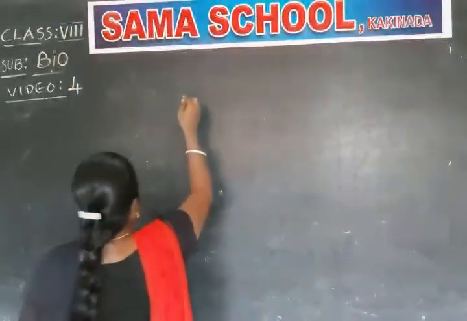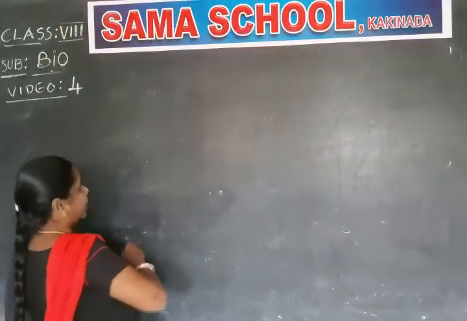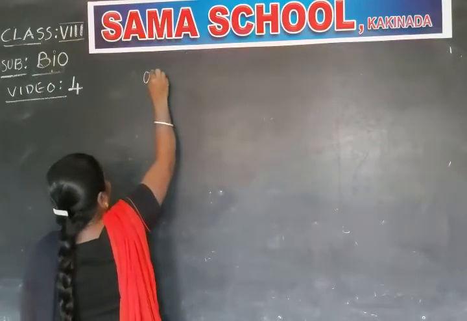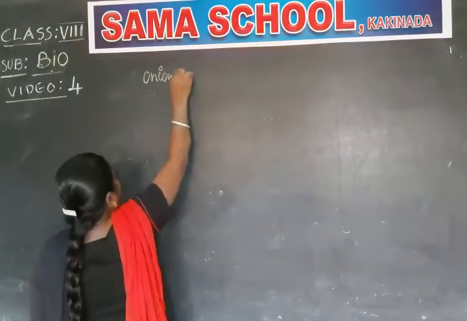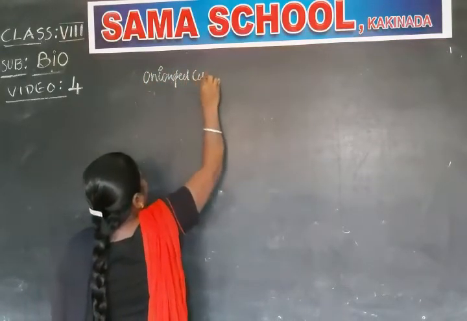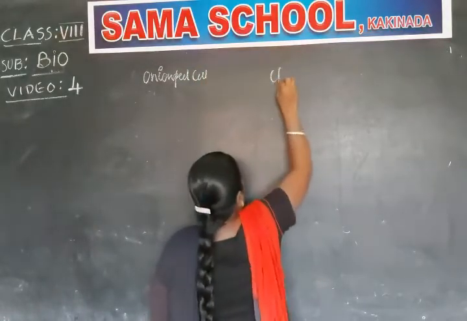So here first I want to draw the diagram of an onion peel cell, then cheek cells.